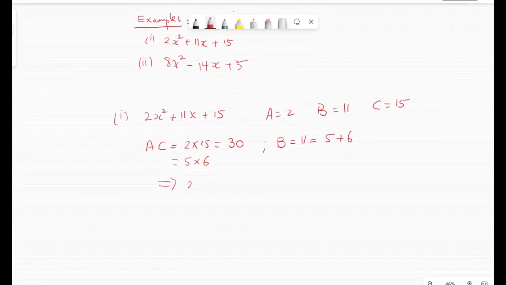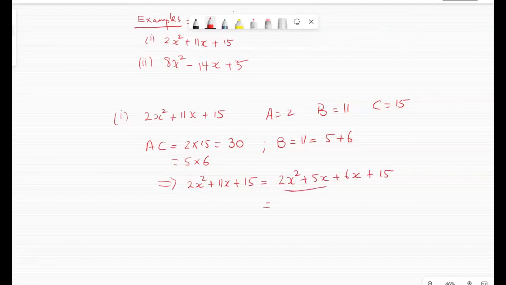Therefore I can write 2x squared plus 11x plus 15 as 2x squared plus 5x plus 6x plus 15.